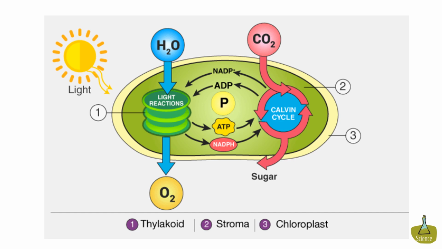Okay, in this particular diagram we can see the whole process of photosynthesis in a very concise form. Here we can see the sunlight, which is essential for photosynthesis, and the structure marked by 3 is the chloroplast, a double membrane bound organelle present in eukaryotic cells or plant cells.